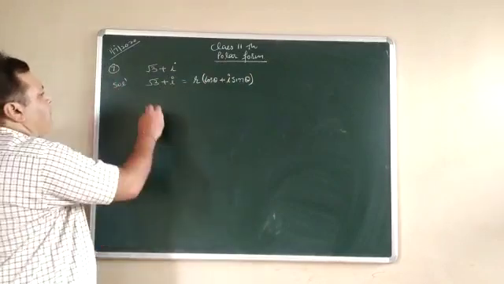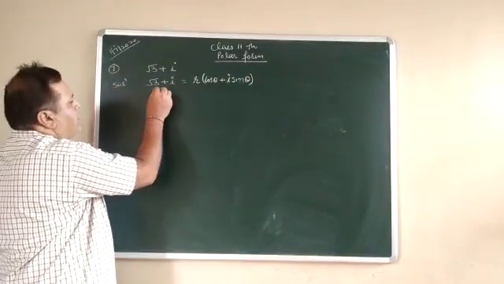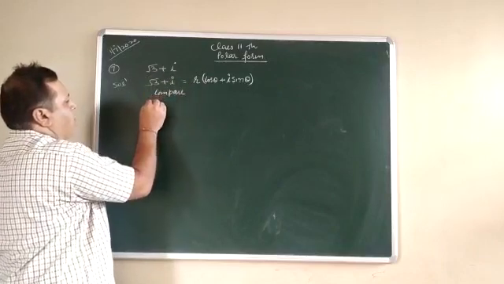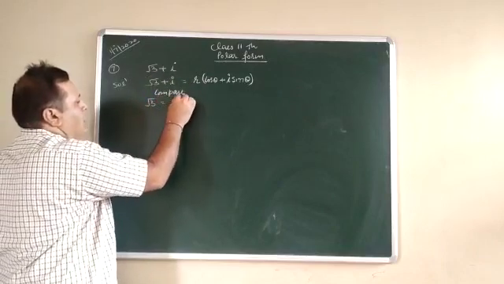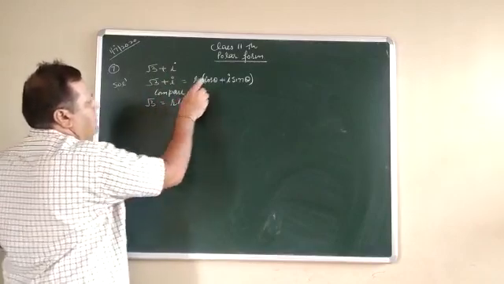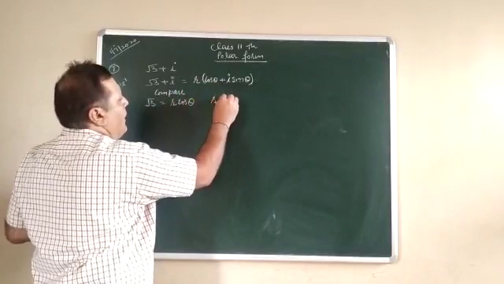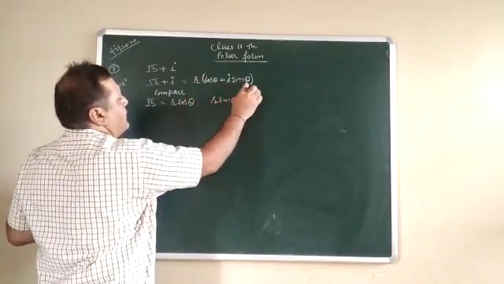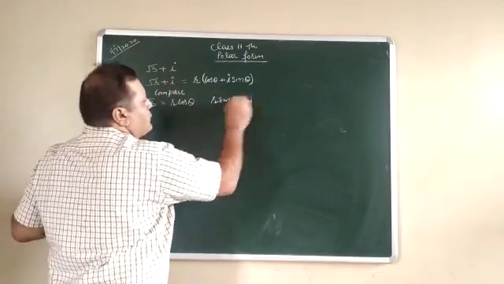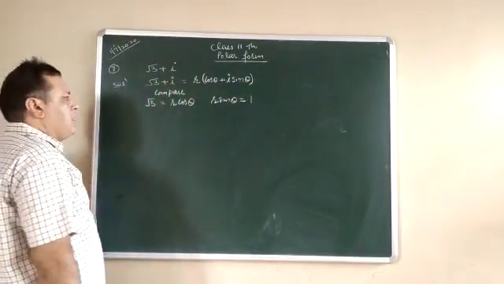In case of polar form, first of all we compare the results. Root 3 is equal to r cos theta, real part equals real part, and imaginary part r sin theta is equal to 1, the coefficient of iota. So compare the real part and imaginary part.